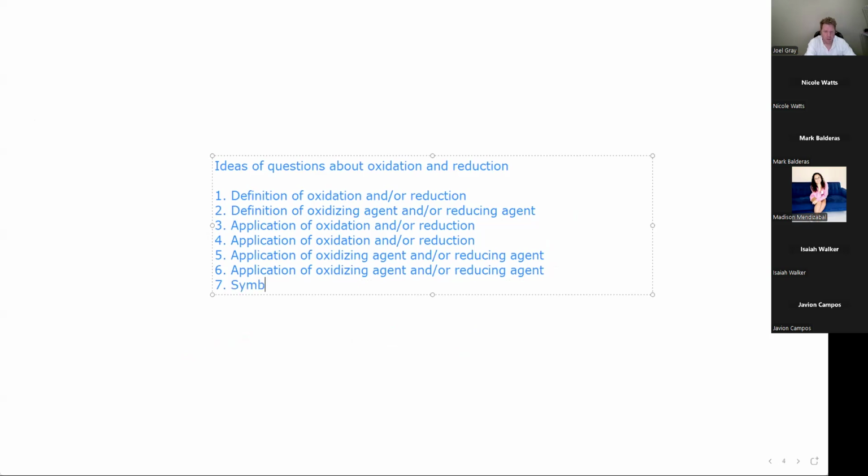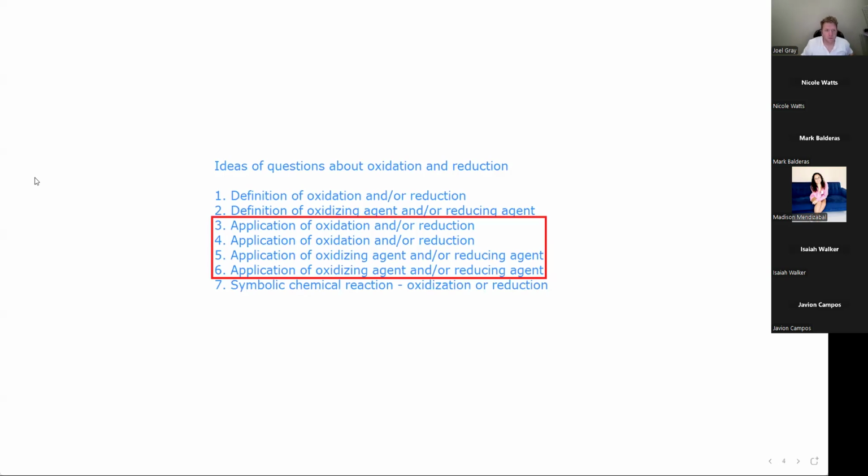a symbolic reaction, oxidation or reduction. So that symbolic would be something like, which of the following is an example of oxidation?